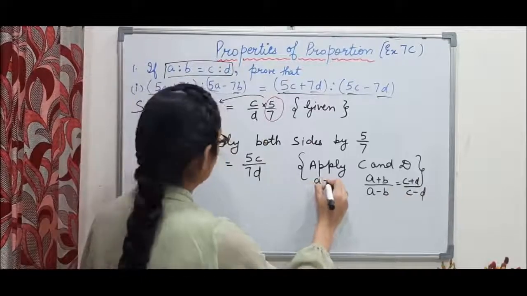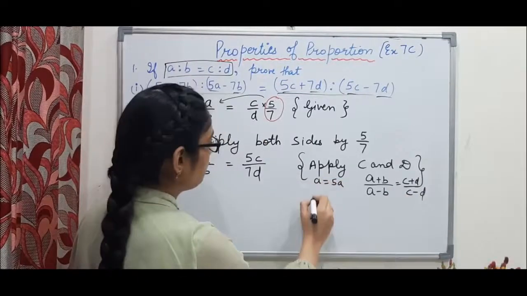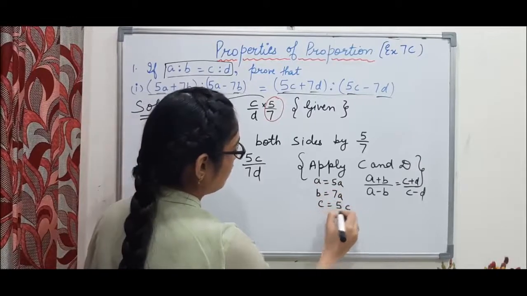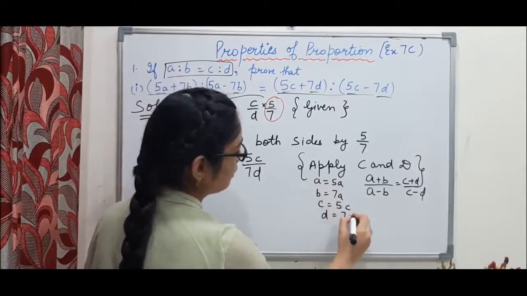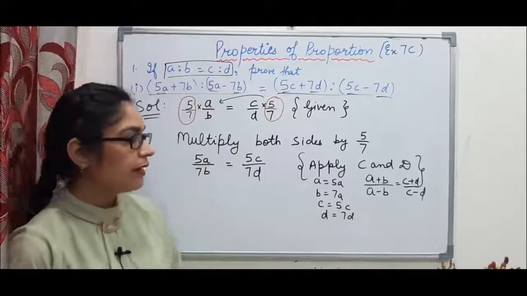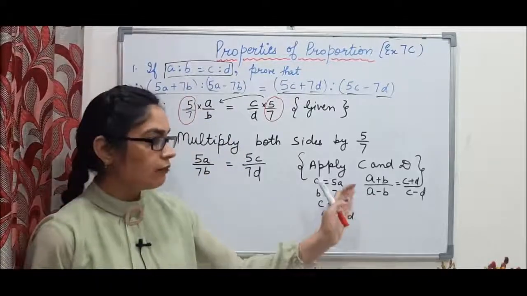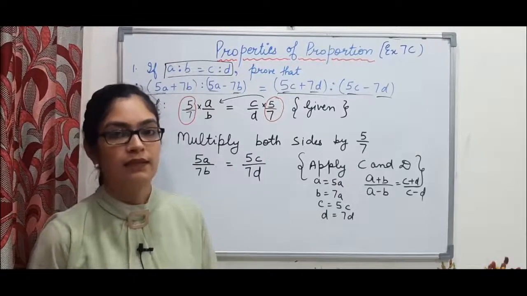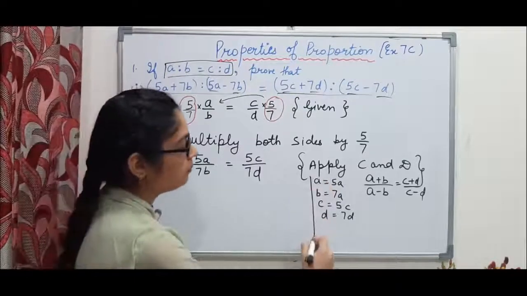So my a is 5a, b is 7b here, c is 5c and d is 7d. So accordingly, don't write in this form a plus b. We have to see in the given thing what is the value of our a, b, c and d. So I have written here.